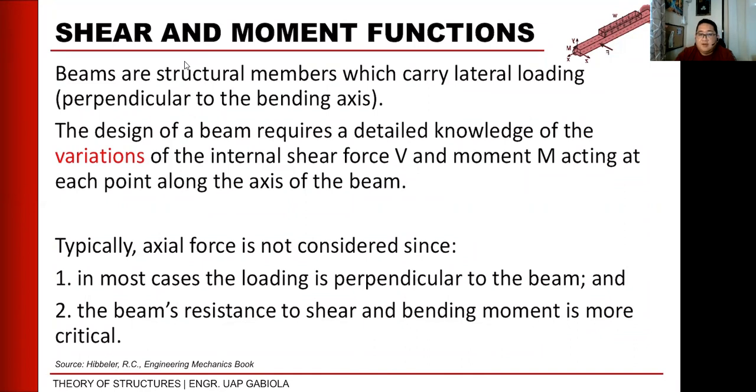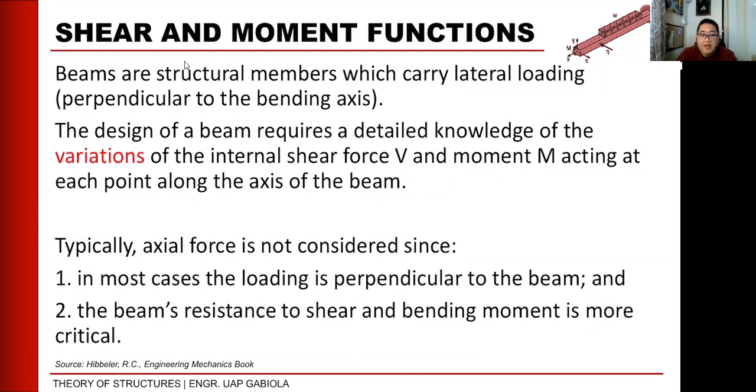Kasi si beam is generally designed siya kapag dun sa mga perpendicular loadings natin. So, may nag-a-act syempre na normal force pero with comparing that to the value of the shear force and moment natin, it is actually very negligible na yung value kung i-compare natin by scale, no?